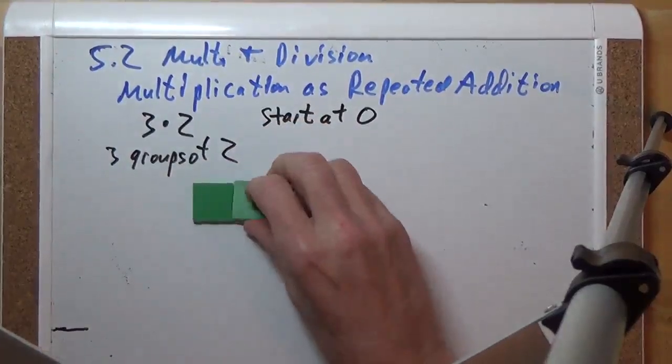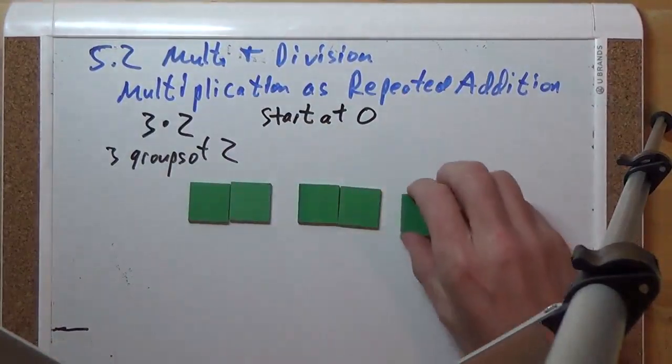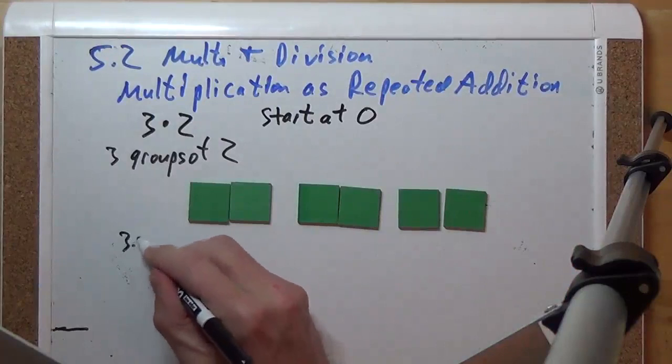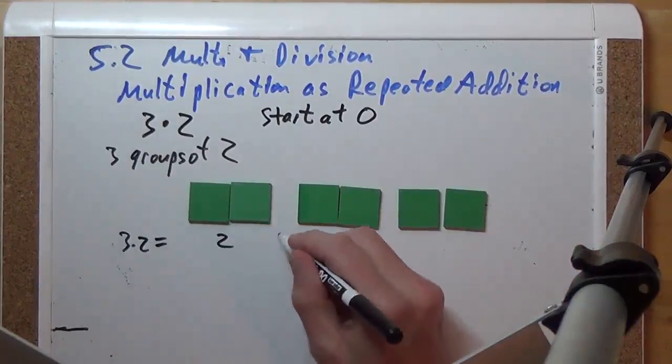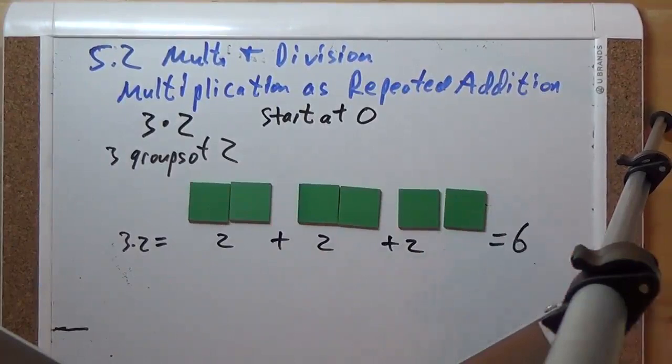So I've got 2, I add 2 more, I add 2 more, so 3 times 2 is 2 plus 2 plus 2, which is 6.